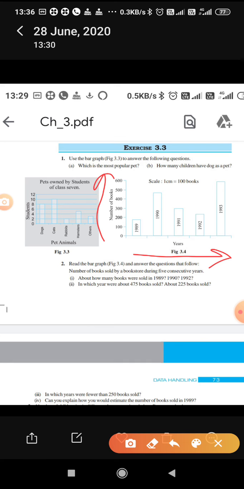Here we are seeing 1989. This 1989 bar is less than 200, so we will take approx 180.